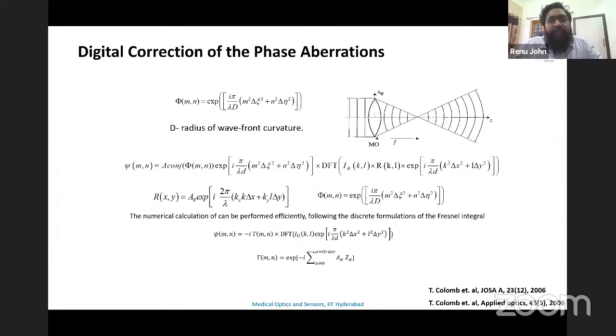If you have a background image without an object, you can quantify the aberrations present in the system, and whenever you use the system for imaging, you can always use a conjugate of that background aberration so that you can create an aberration-free image anytime you want with the help of digital holography.